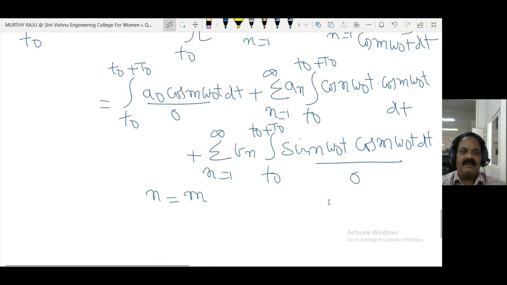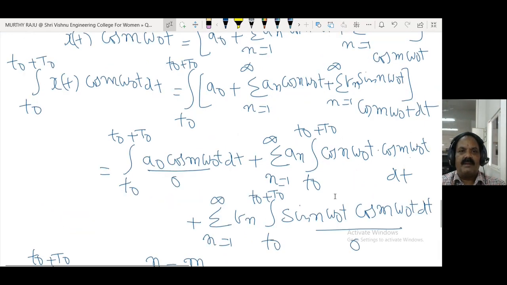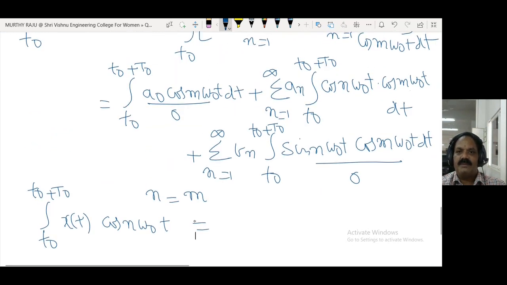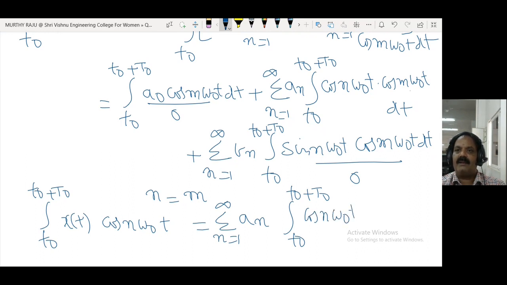Okay, here the integral from small t naught to small t naught plus capital T naught of x of t cos m omega naught t, with m replaced with n, cos n omega naught t, is equal to the sum from n equals 1 to infinity of an times the integral of cos n omega naught t cos n omega naught t.